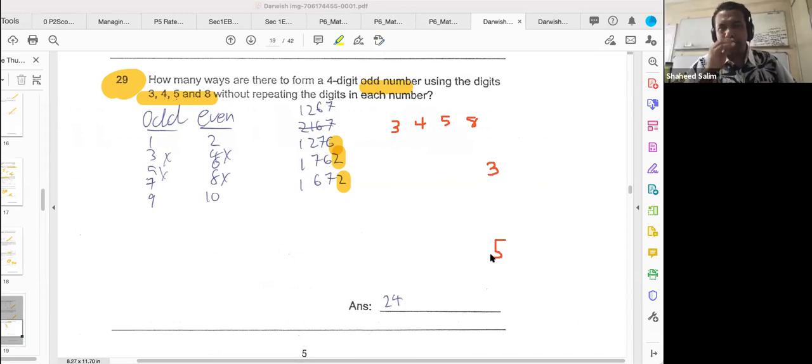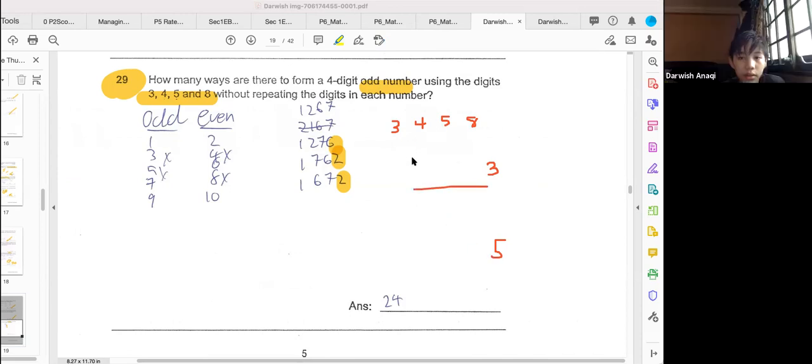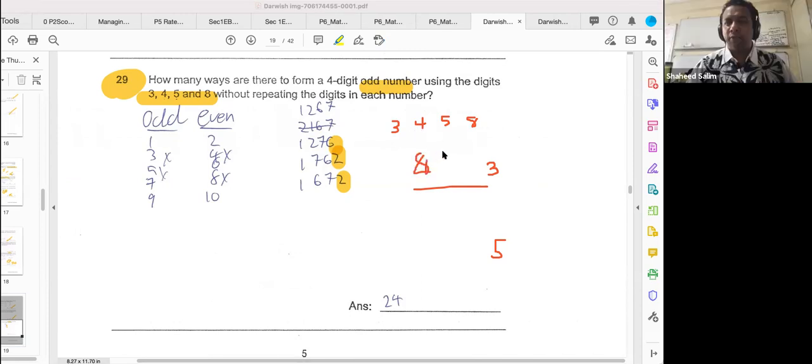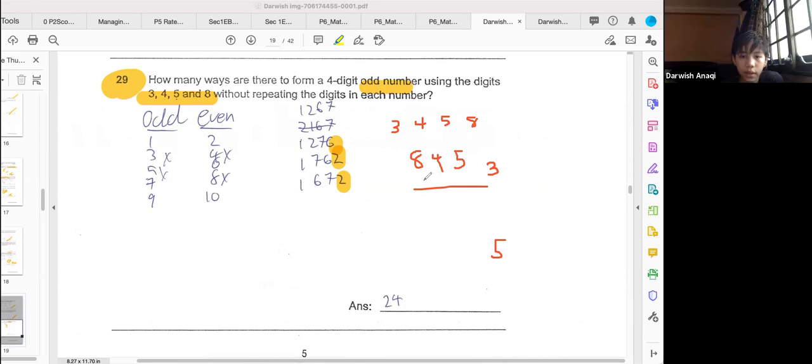Okay, give me one, make one number ending with 3. 8, 4, 5, 3. Some more. 4, 5, 8, 3.